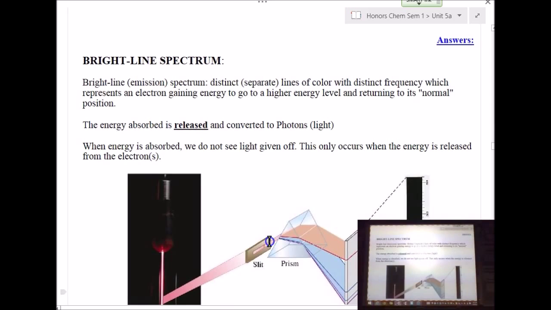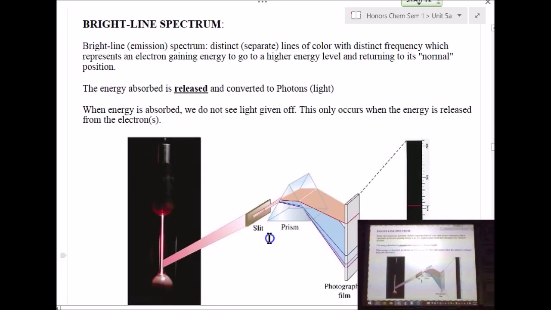All right, so here's the bright line spectra. This is what I was talking about earlier on being able to identify a substance by looking at its bright line spectra. Unfortunately, I'm not aware here at Plainfield that we have the glass tubes. If we do, I'll set up a demo. I don't know where. There's no dark room because some of the sunlight that comes through will interfere with that.